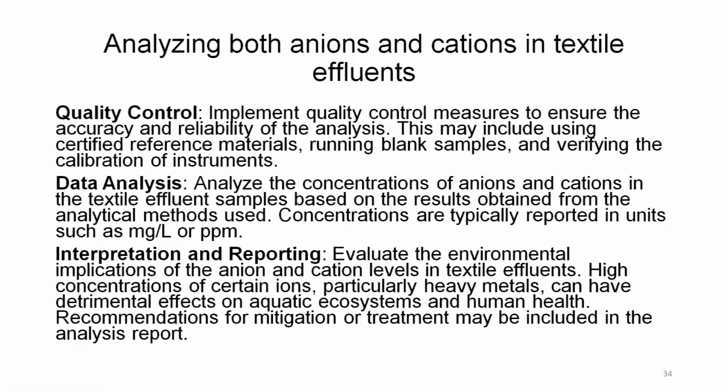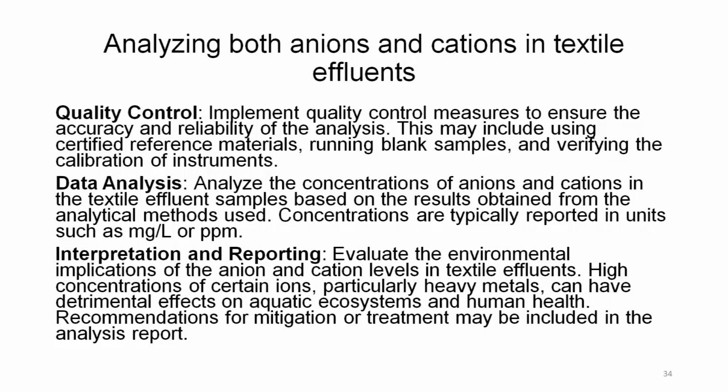Data analysis. Analyze the concentration of anion and cation in the textile effluent samples based on the results obtained from the analytical methods used. Concentrations are typically reported in units such as milligram per liter or ppm. So, everywhere all these inorganic pollutants are reported in terms of milligram per liter or parts per million, that is ppm.